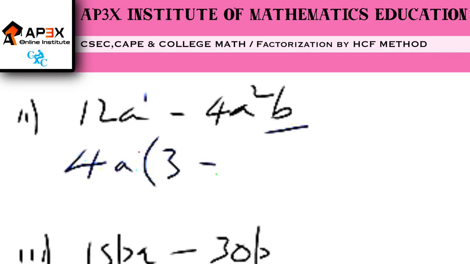It literally goes into a 1 time, or a goes into itself 1 time. Put in the minus sign here. We say 4 cancels 4, or 4 into 4 goes 1 time. And then there are 2 a's at the top here, and we're going to extract one of those a's. That means we're going to have an a left on the inside here. And since the b was not a part of our HCF, the b is going to come back down here. We're going to close the bracket, and that becomes our final answer.